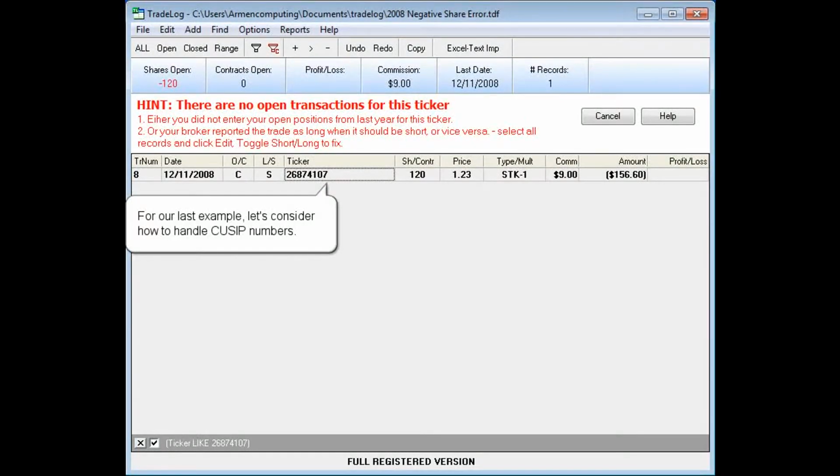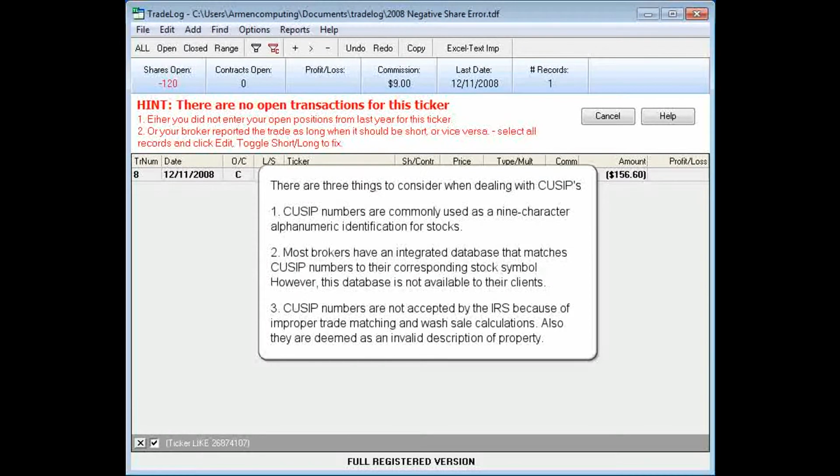For our last example, let's consider how to handle CUSIP numbers. There are three things to consider when dealing with CUSIPs. 1. CUSIP numbers are commonly used as a 9-character alphanumeric identification for stocks. 2.